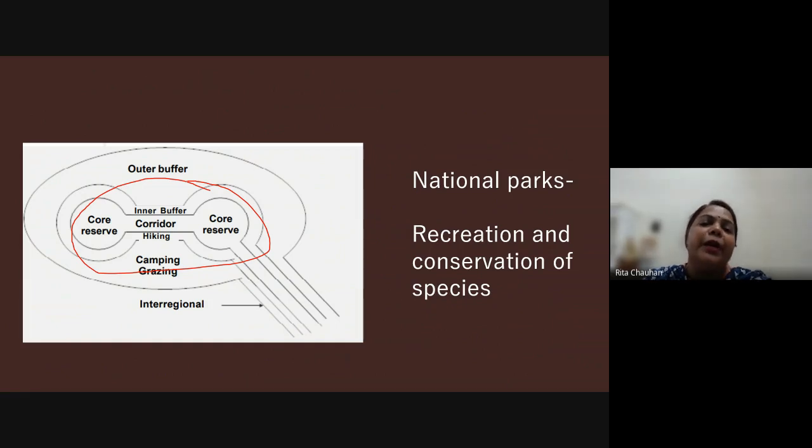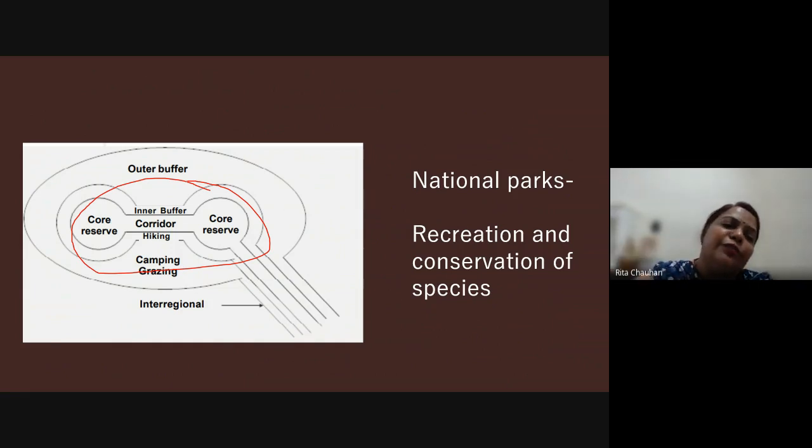So, in a national park area, basically there is a core area, and there are certain core reserves which are connected between them. They are connected by the corridors. So, this corridor is basically the area of movement of animals from one core reserve to another core reserve area.